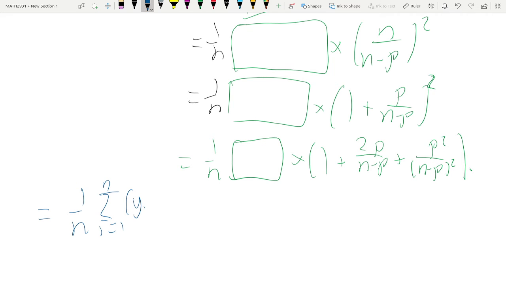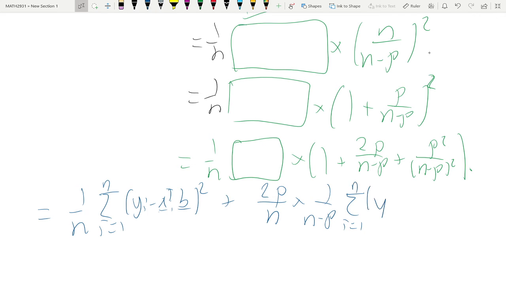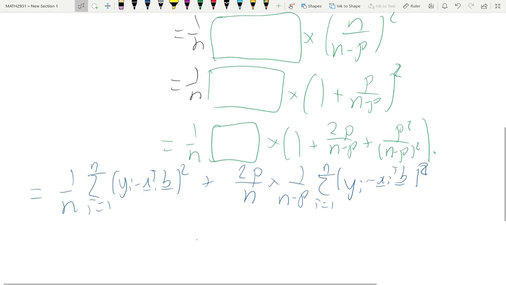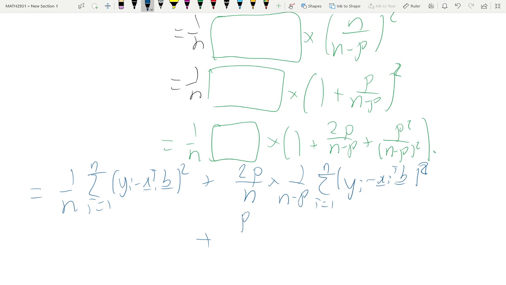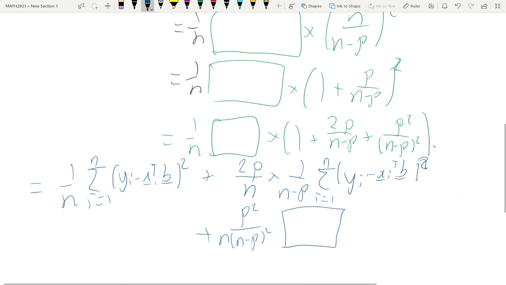N, y_i minus x_i transpose b squared, plus 2P over N times 1 over N minus P, y minus x_i transpose b squared, plus P squared over N minus P squared N and this thing over here. I'll just write the box again.